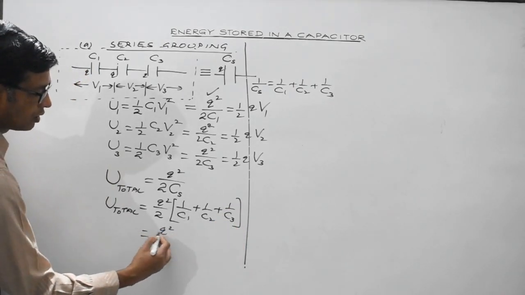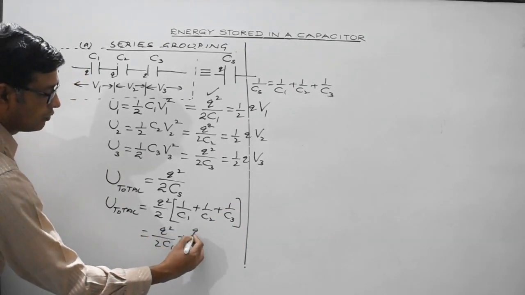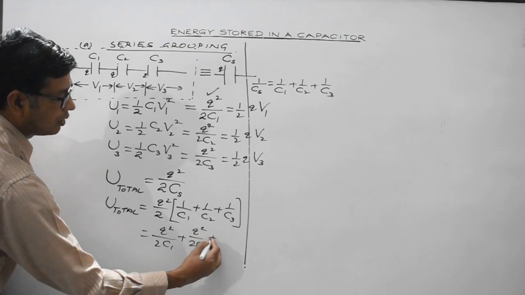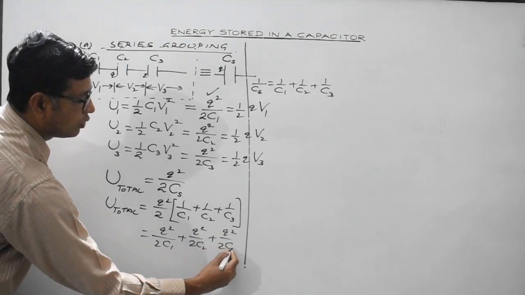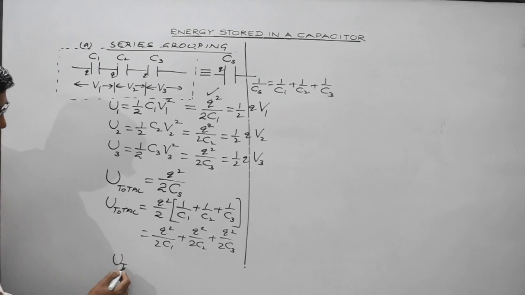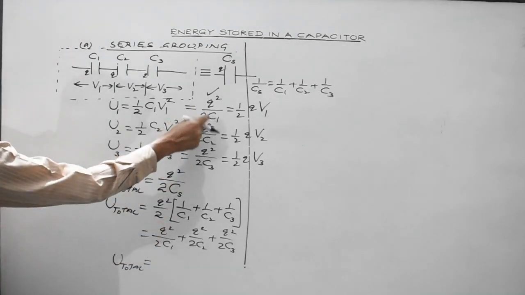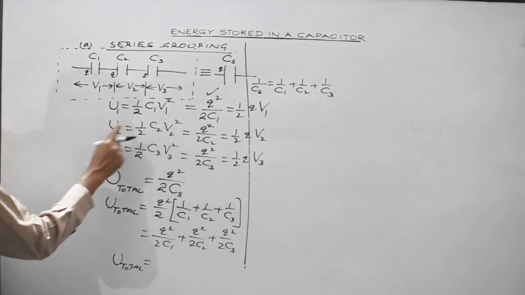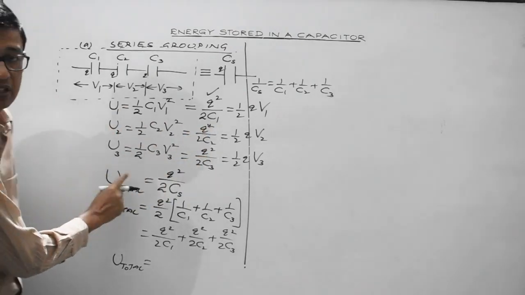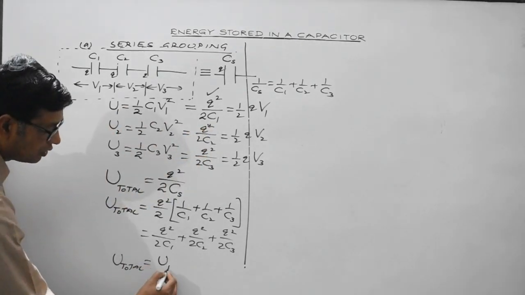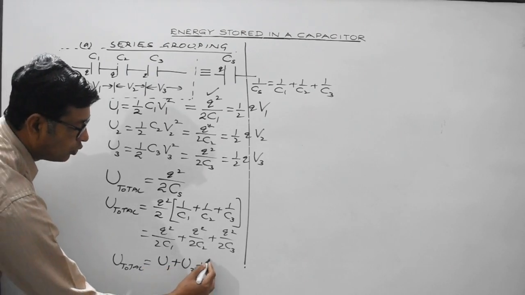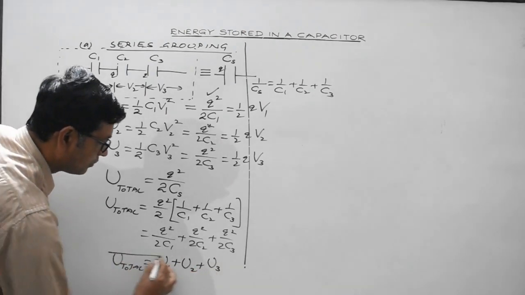So this is the result which we will get: Q square by twice C1 plus Q square by twice C2 plus Q square divided by twice C3. So total energy would be equal to Q square by twice C1, it is U1. Q square by twice C2, it is U2. Q square by twice C3, it is U3. So it is U1 plus U2 plus U3.